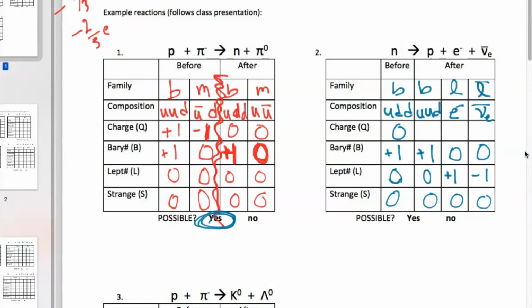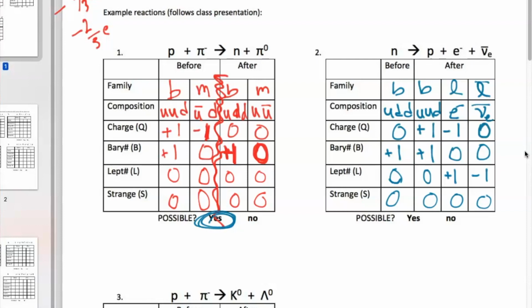Similarly, my proton has a charge of +1. The electron, I know, has a charge of -1. And the neutrino has no charge whatsoever. It's an antineutrino, so it's like the opposite of zero, but because it's zero, its charge is zero.